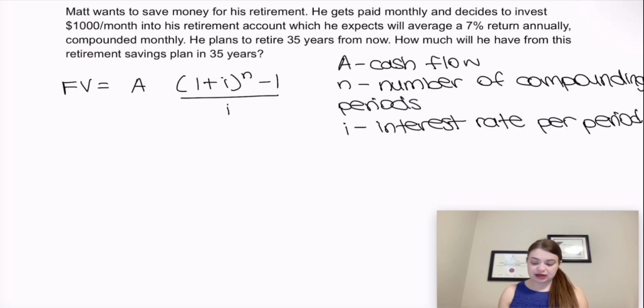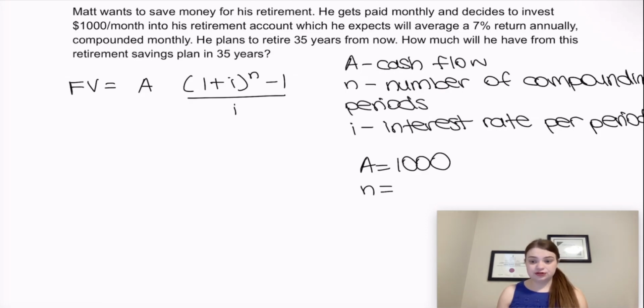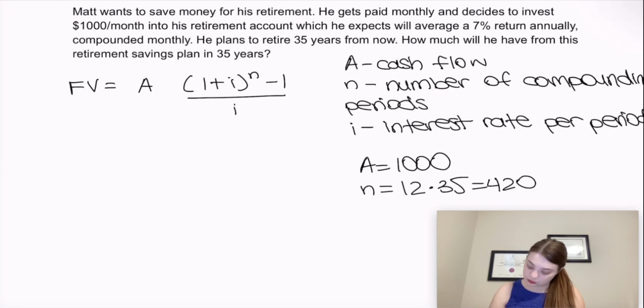All right, so in this scenario, Matt's cash flow is going to be $1,000 because every month he puts in $1,000. N is the number of compounding periods. This gets compounded monthly, and he's going to do this for 35 years, so 12 compounding periods per year times 35 years. 12 times 35 is 420, so overall there's 420.